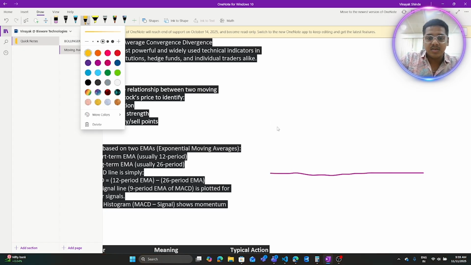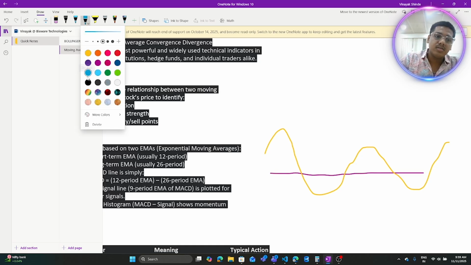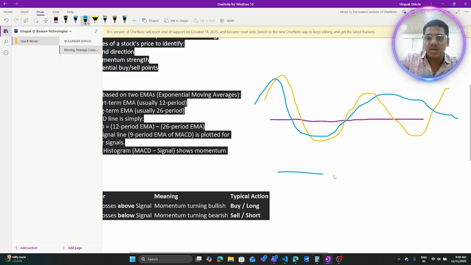Suppose this orange or yellow line is your signal line, and this is your MACD line, like this. And we have another, the histogram, which can move like this. It can come down, it can go above, it can come down like this.